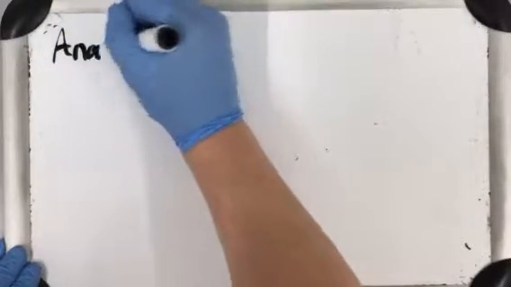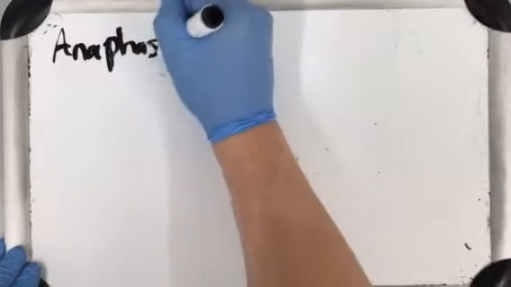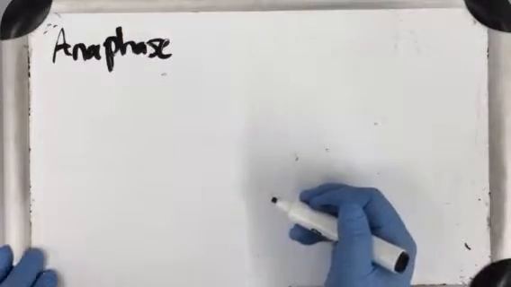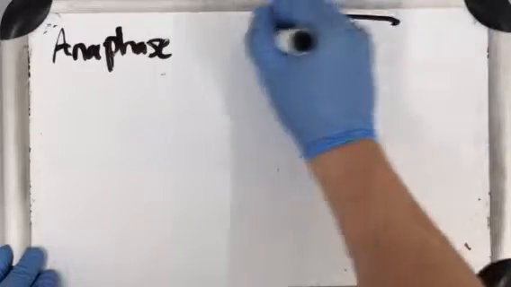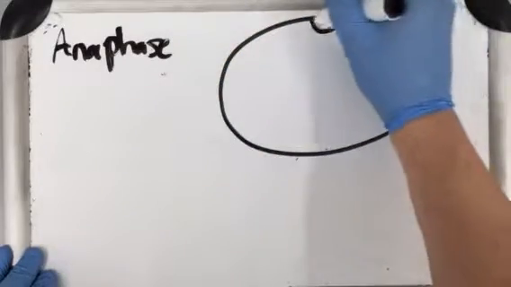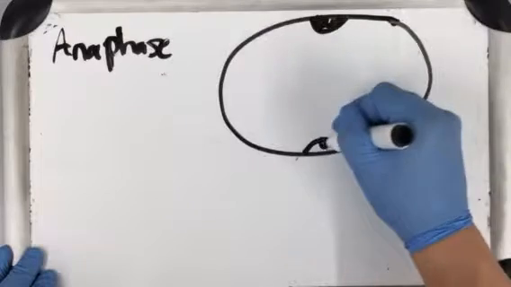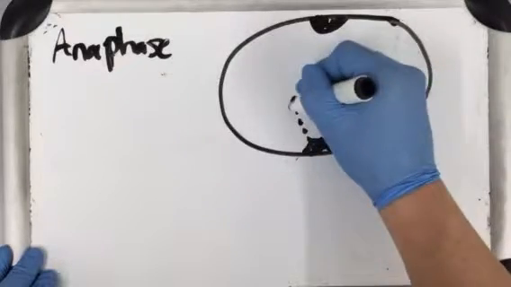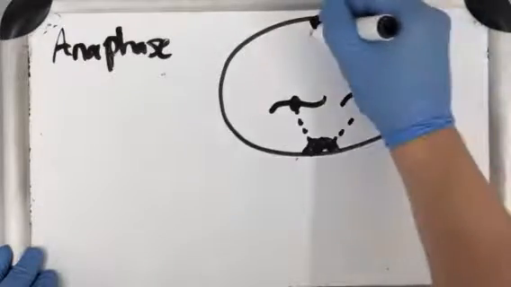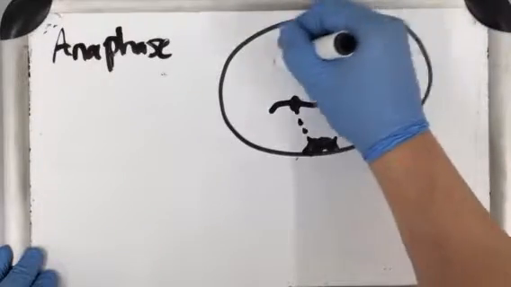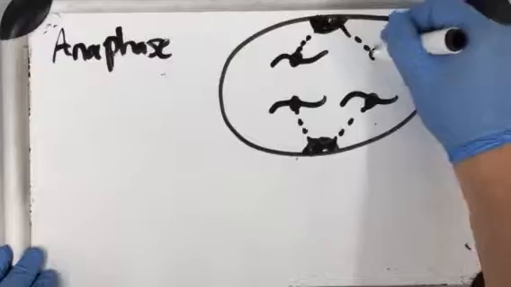Okay, so anaphase is where the pull comes. So at this stage, let's say our cell's getting a little bigger. So we have our spindles, and what they've done is they've ripped the chromatids from each other.